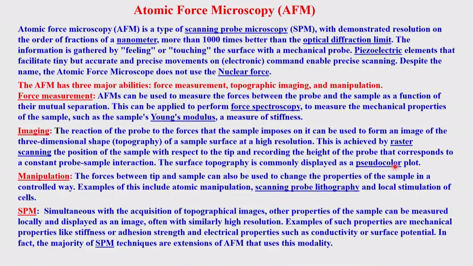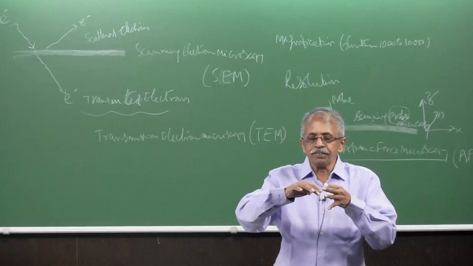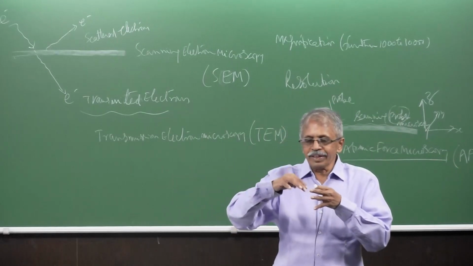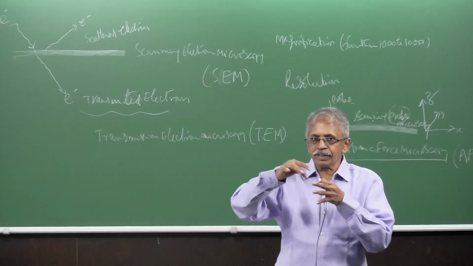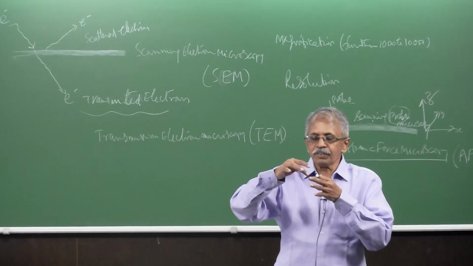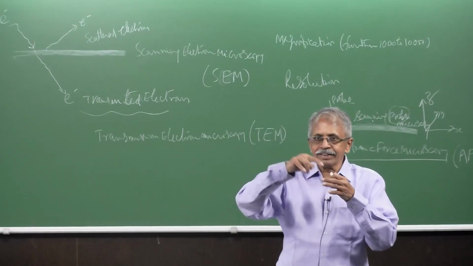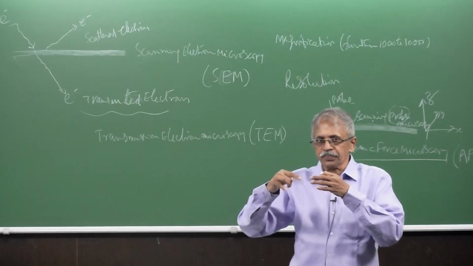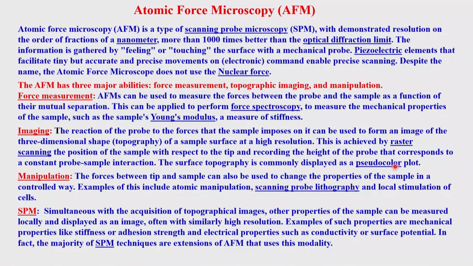Okay, so as I just now mentioned to you, atomic force microscopy is something where you have a probe, which touches the surface and tries to find out. When it touches the surface, there's some kind of an interaction working between the probe and the surface molecules, surface atoms, surface species, and that kind of thing.